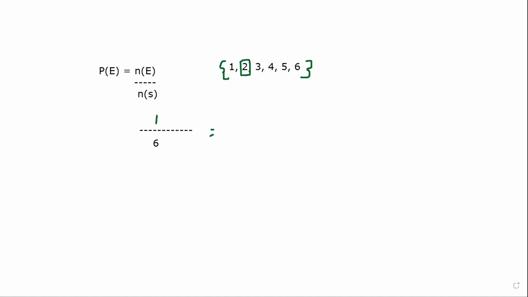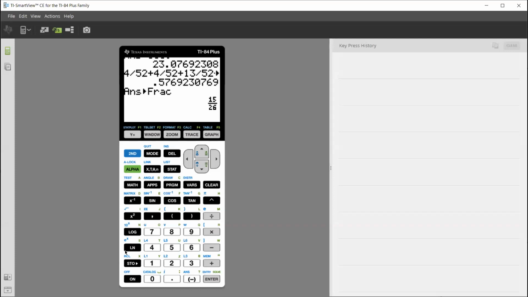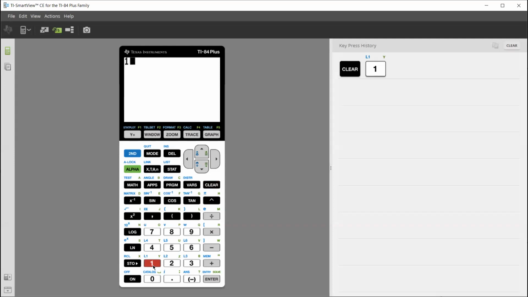So what we're going to do here is I'm going to bring up the decimal. Well, I'll do the fraction first. Let me make sure that I'm showing the calculator here. So my fraction here is 1 out of 6.